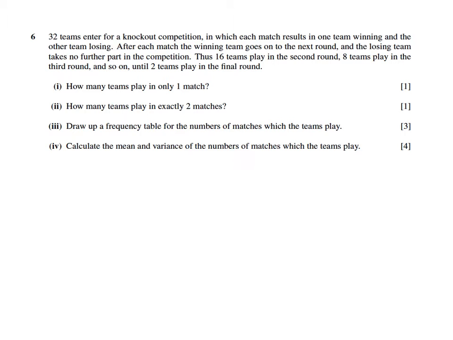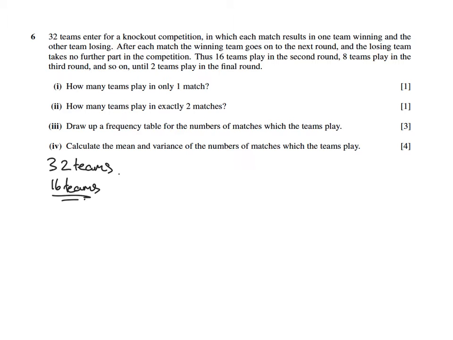Okay, one match. Okay, you have 32 teams. Out of 32 teams, if I divide them into 16, meaning 2 teams in each match. Okay, 2 teams in each match. So in the first round, you will have 16 teams played, which is 16 teams, meaning they play among each other.